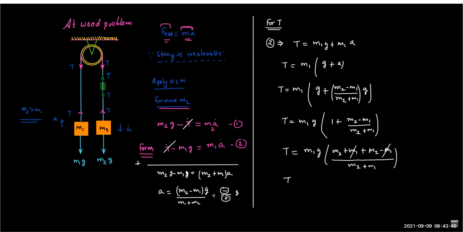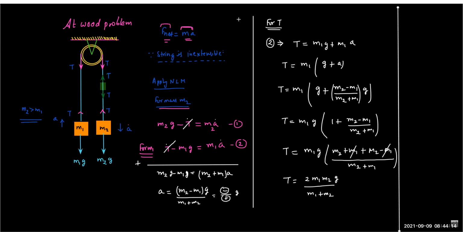So your answer for the tension developed turns out to be 2 M1 M2 G upon M1 plus M2.